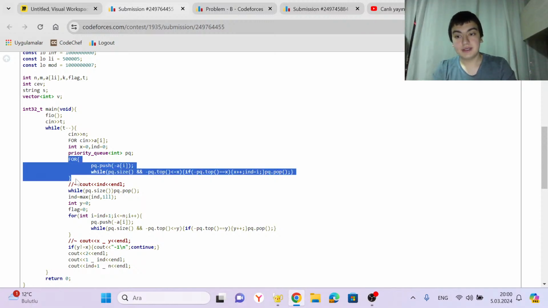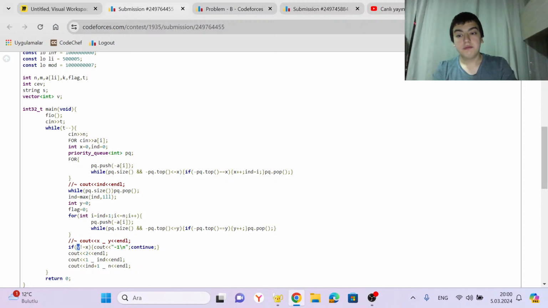The max of the left part is equal to the max of the array. So if the max of the left part and the max of the array is not equal to the max of the right part, then we should output -1. Otherwise, we can output 2, and we can output from 1 to index, and from index plus 1 to n, because we have only 2 intervals.